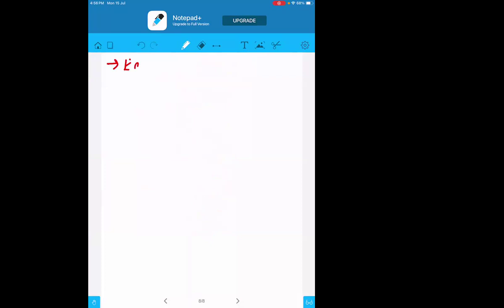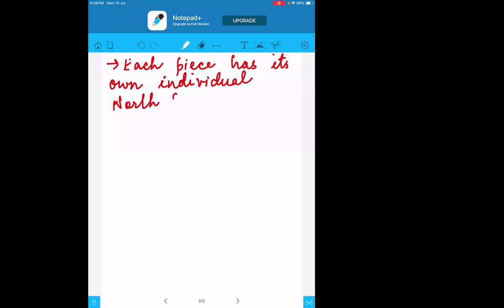Here, whatever the pieces we have got, each piece has its own individual north and south pole.